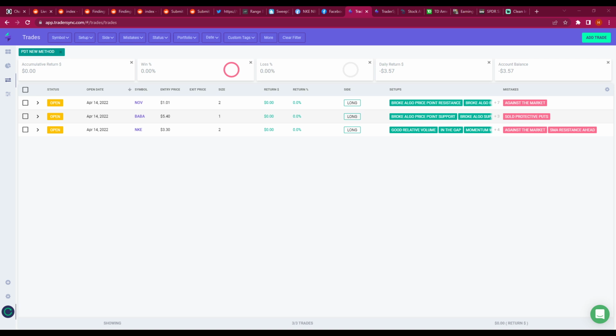So the first thing that became clear was one must take only extremely high probability trades. Now let's just say on any given day, there's around 20 to 30 good setups out there. You can find them: relative strength, relative weakness, going with the market, a couple of stocks, maybe some momentum stocks that have a news catalyst.